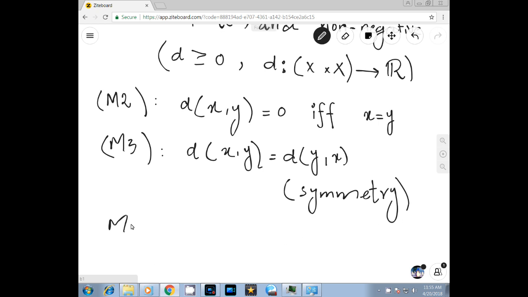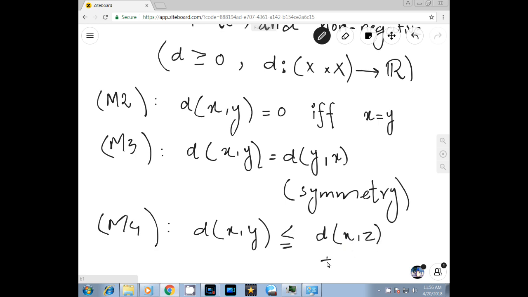The fourth and last property is quite important, called the triangle inequality. It says that D of xy is less than or equal to D of xz plus D of zy.